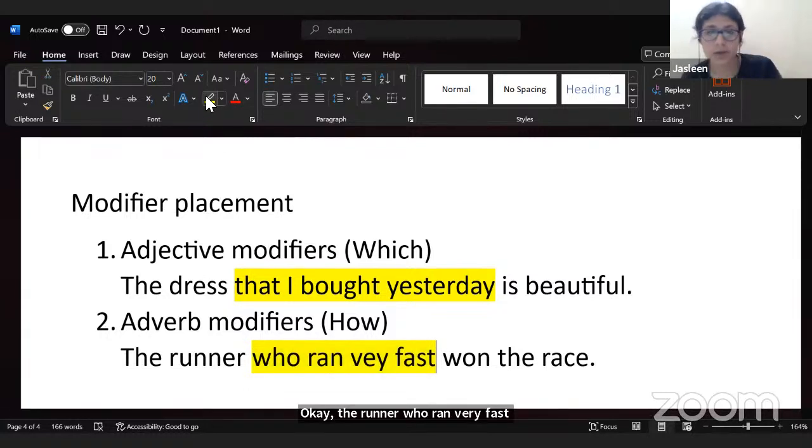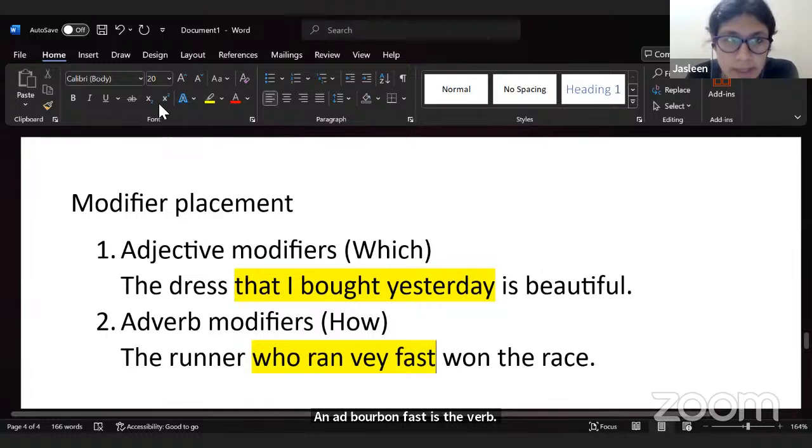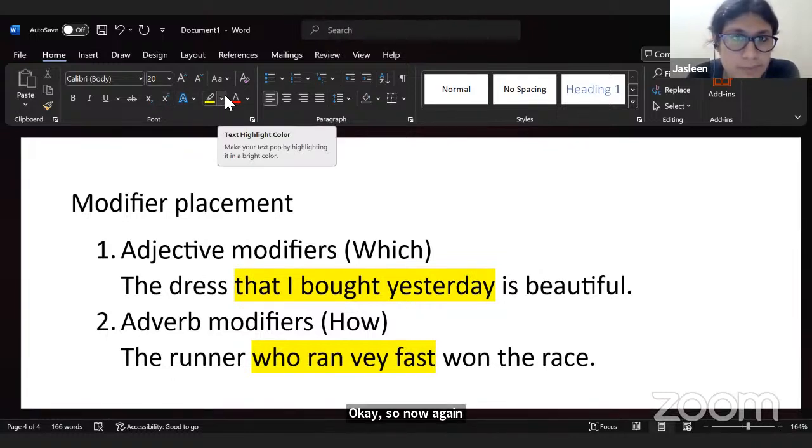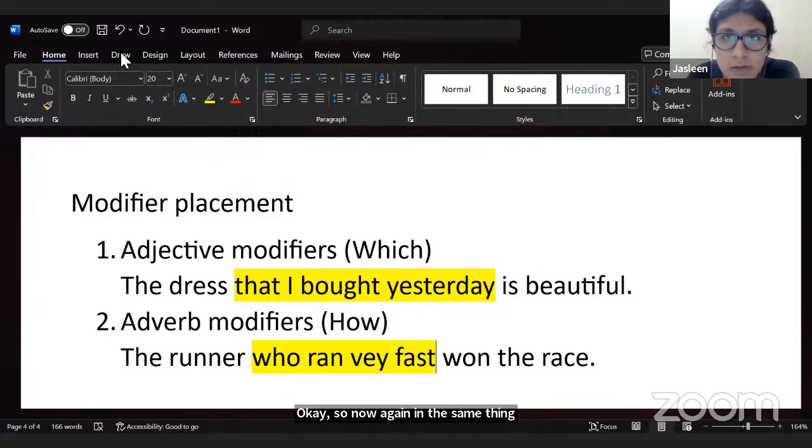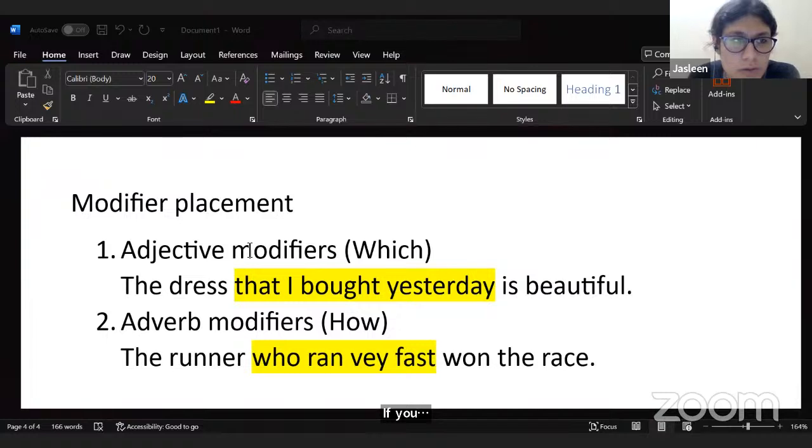Okay. So here we are having the word very, that is an adverb, and fast is the verb. Okay, so now again in the same thing, so just look over here.